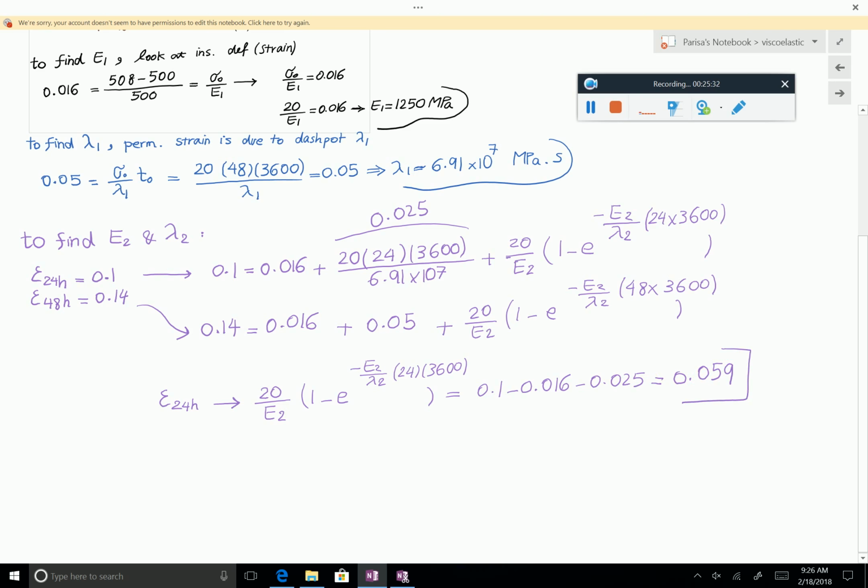Okay, and then from the epsilon at 48 hours, we obtain a slightly different equation.